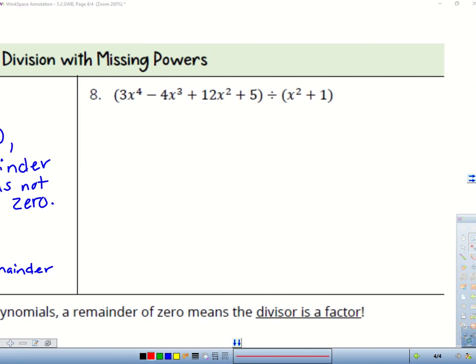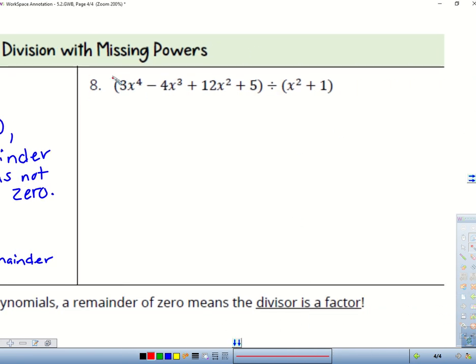This one here is a little more challenging. So here we have a 4th degree term, a 3rd degree term, a second degree term. We're missing the first degree term. Good. Just put like a 0x there. Exactly. And then here we're missing also the 1 degree. So we have to put in a placeholder for the divisor and the dividend.